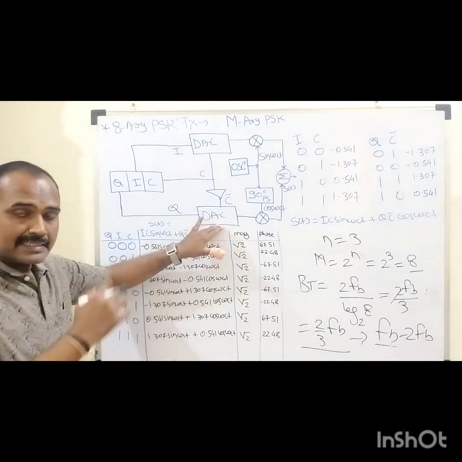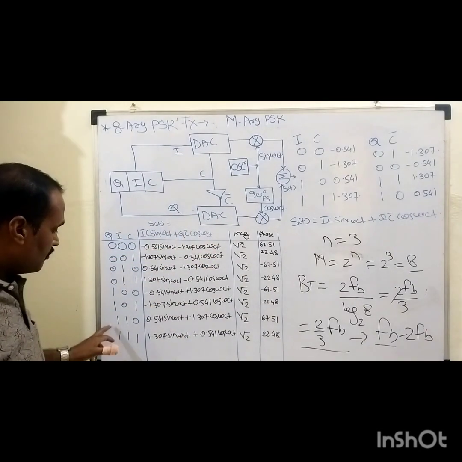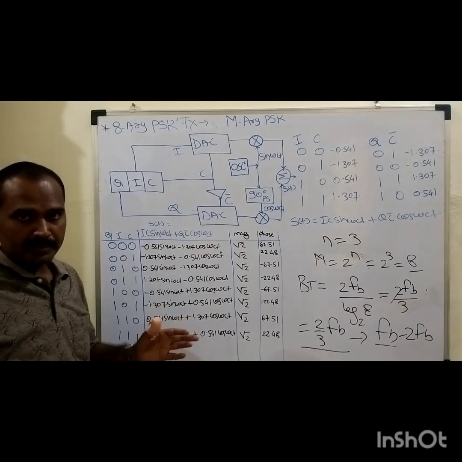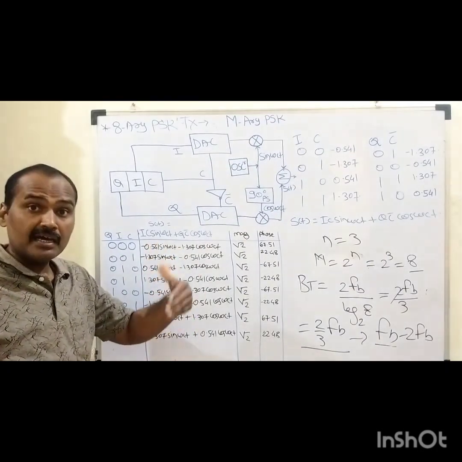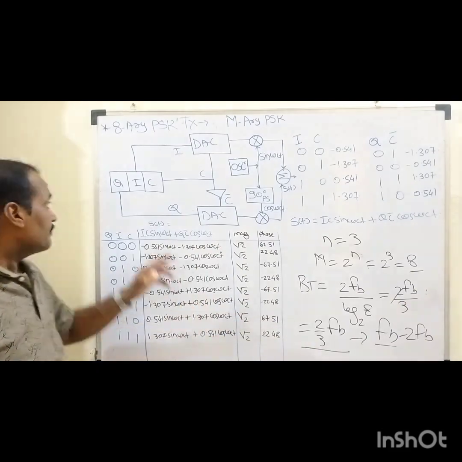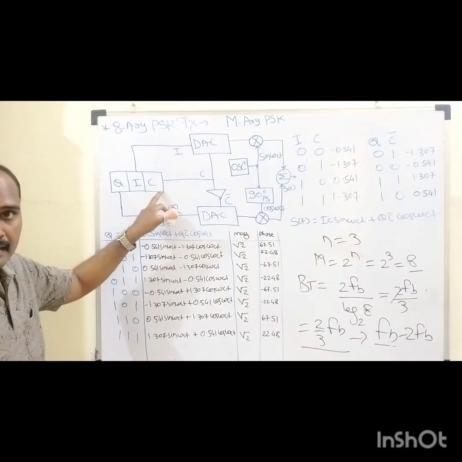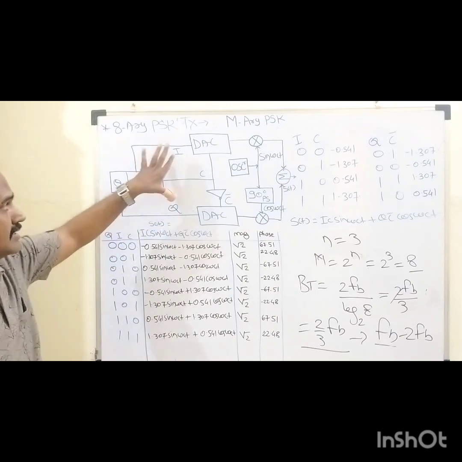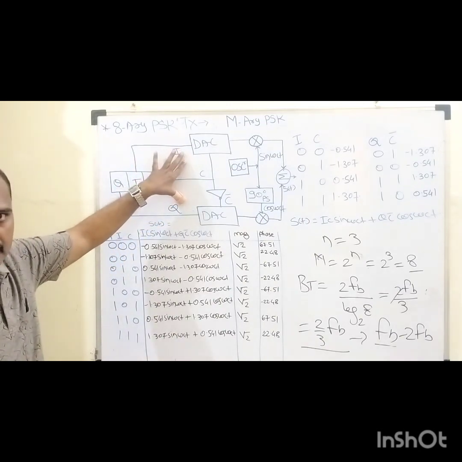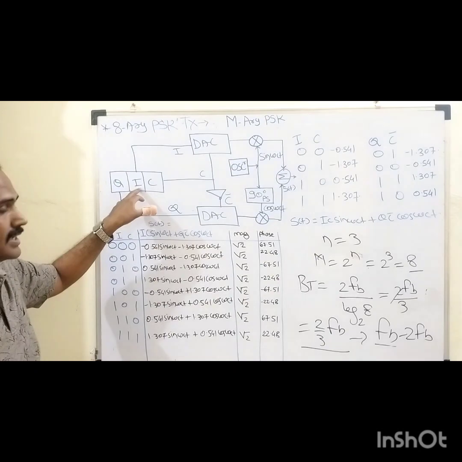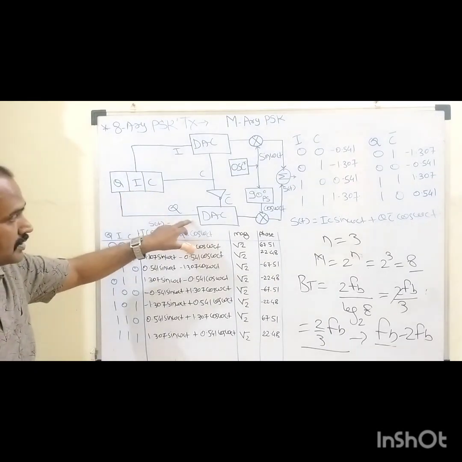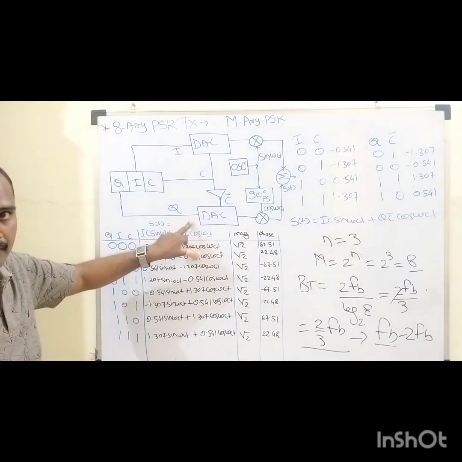Each and every symbol consists of 3 binary bits. These 3 binary bits are further categorized as Q channel, I channel, and C stands for the desired carrier, right? As we have 2 identical channels, the upper channel can be configured as an in-phase channel and the lower channel as a quadrature phase channel.